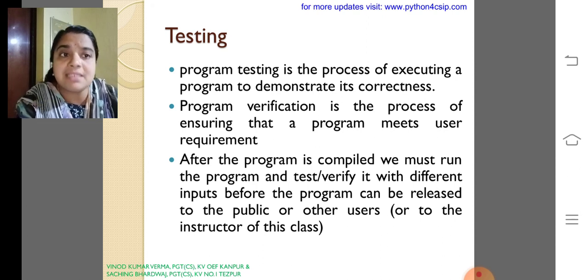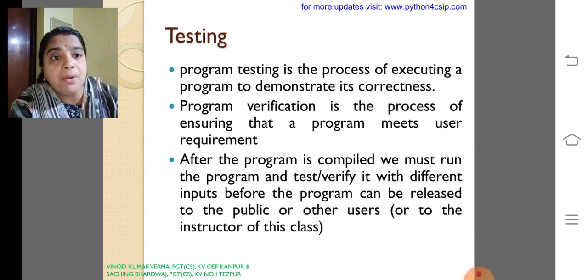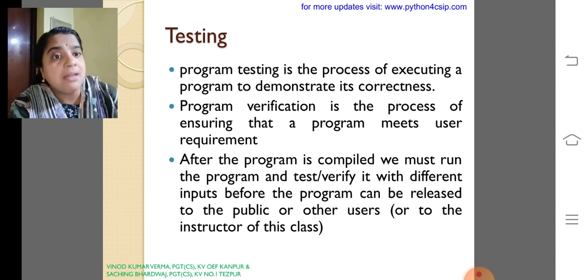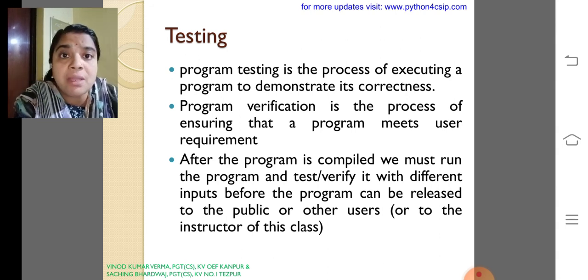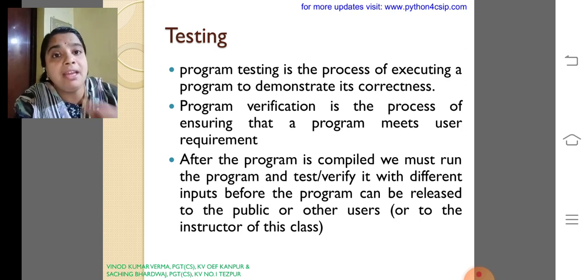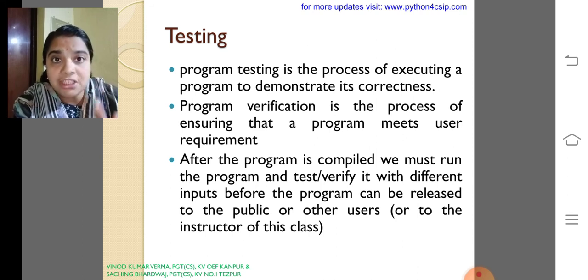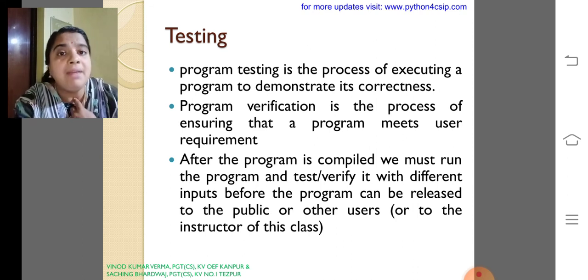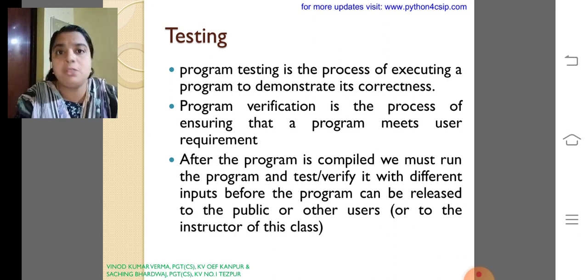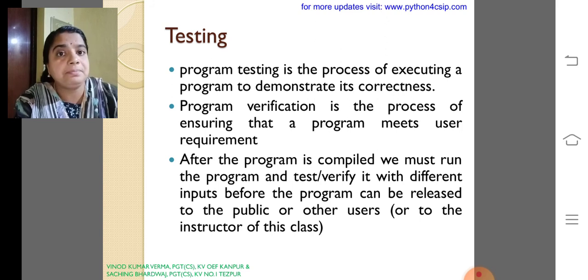After the program is compiled, we must run, test or verify it with different inputs before the program can be released to the public or other users. That means before giving it to another person, we should check whether our program is displaying the correct output for the correct inputs. That is called testing.